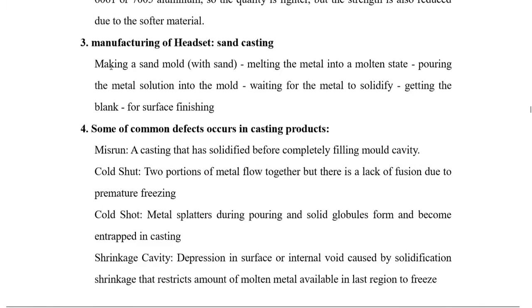The first step is making a theta model, and then melting the metal into the molten state. Pouring the metal solution into the mold, waiting for the metal to solidify, and getting the blank, then surface finishing.